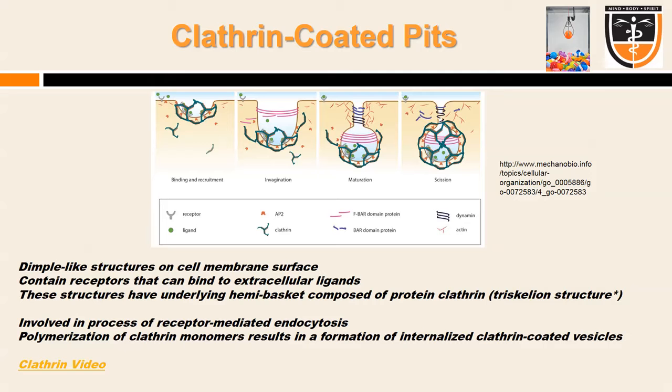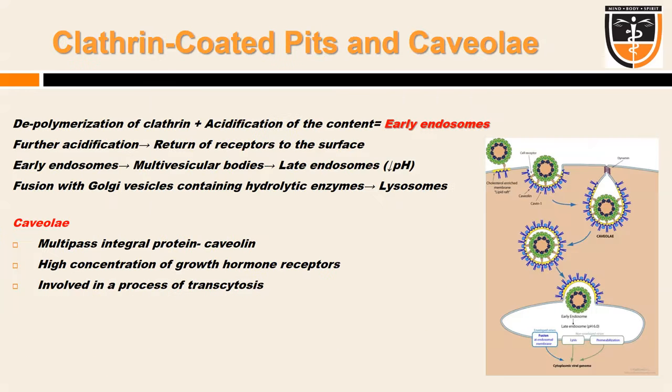So clathrin-coated pits are involved in receptor-mediated endocytosis, uptake of compounds from outside the cells into the cells. Clathrin will polymerize the moment the compound attaches to its receptor, and it will close around the compound and act almost as a cage that will push this compound into the cell.